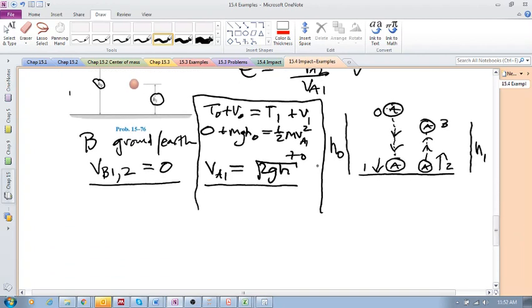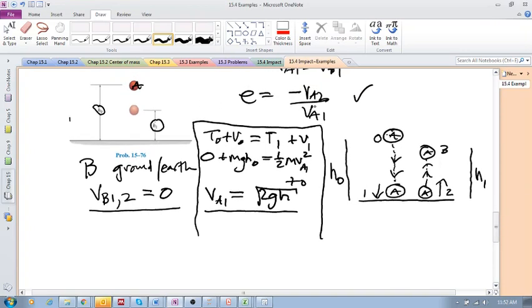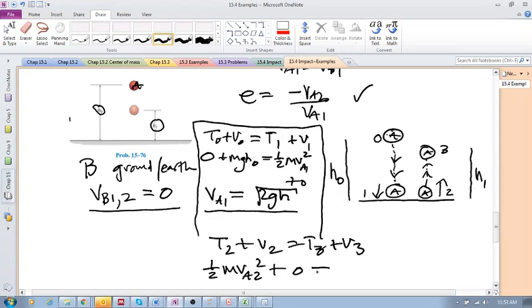Now, we still need an expression for VA2. We carry out exactly the same thing, now moving between states 2 and 3. T2 plus V2 is T3 plus V3. The initial kinetic energy is half m VA2 squared plus 0 potential energy, and that equals 0 kinetic energy plus mgh1.